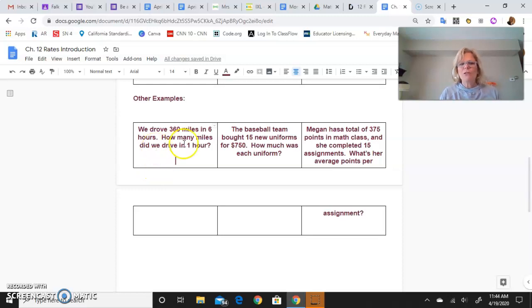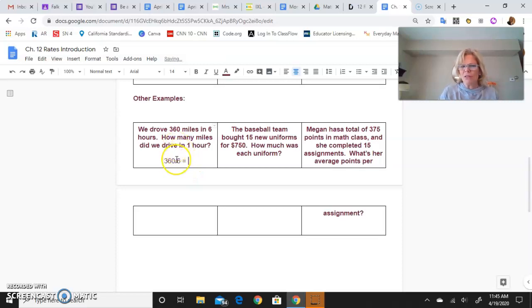So we drove 360 miles in 6 hours. Oh, long day driving. How many miles did we drive per hour or in 1 hour? So here's my problem. It's 360 over 6 hours.